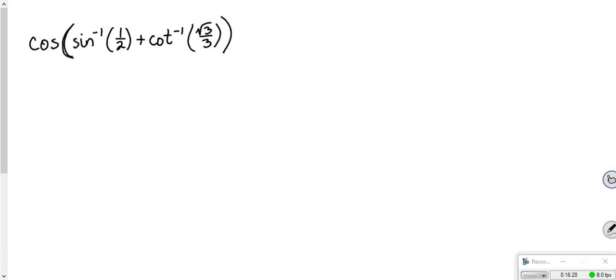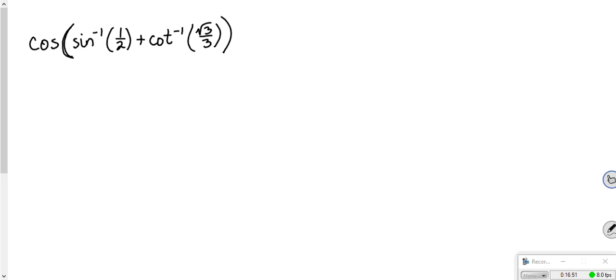Now, remember when we have arc sines, arc cotangents, we are trying to come up with the degree measure that yielded us a 1/2 or the degree measure that yielded us the root 3 over 3. So we have to find the degree. Let's look at these separately.